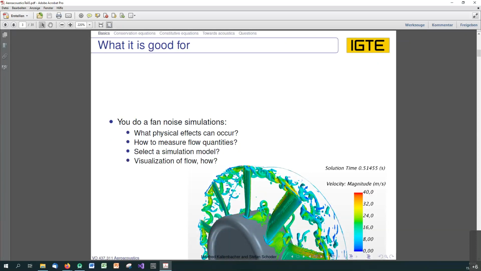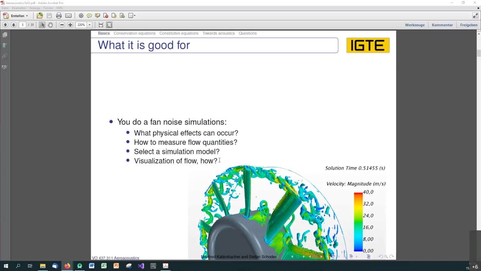And there is what it is good for. In the chat, I already posted a publication which went online yesterday, and this is more or less about what it is good for.